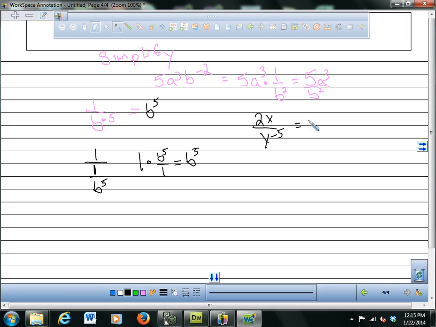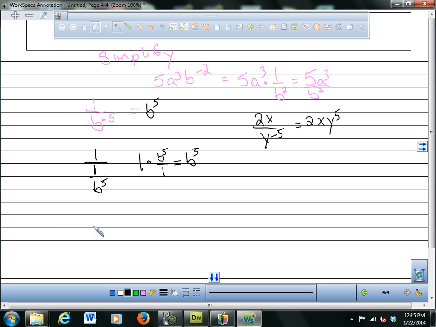You don't have to do any dots. No, just rewrite it. If this is negative, what do I do with it? Make it positive. And where does it go? Up top. So what's this equal to? 2x y to the 5. Like that. Okay? You just bring it upstairs and make it positive.